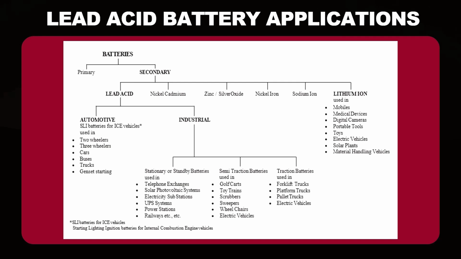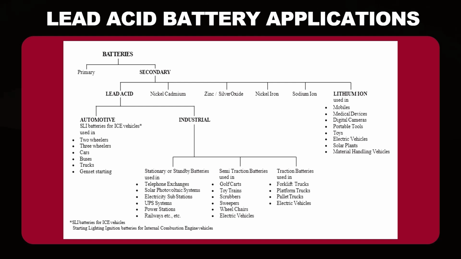Stationary batteries are used in telephone exchanges, electricity substations, large UPS systems, and power stations. We have a large number of batteries used in railways for signaling and telecom applications. They are called stationary batteries because they are fixed in one place and used in a specific location.